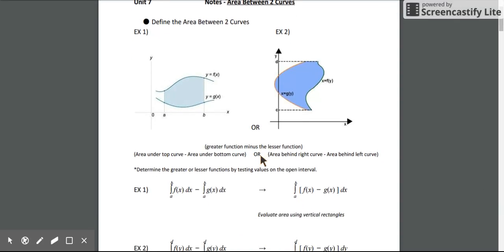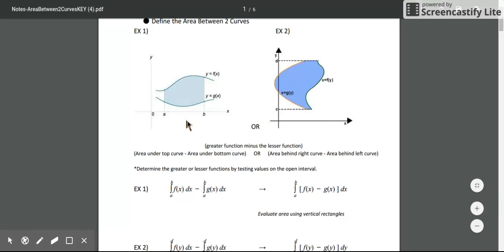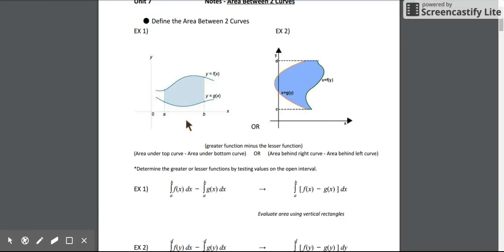In general, you're always trying to take your greater function and subtract your lesser function. So what do I mean by that? Well, if I take the area underneath this curve, it includes everything underneath the curve. But if I subtract the area underneath this bottom curve, then what I get is the in-between area, the area between the two curves.